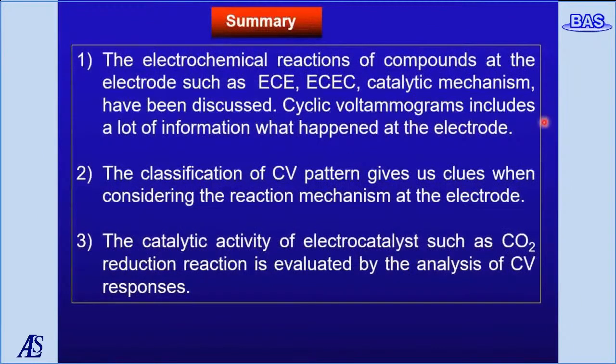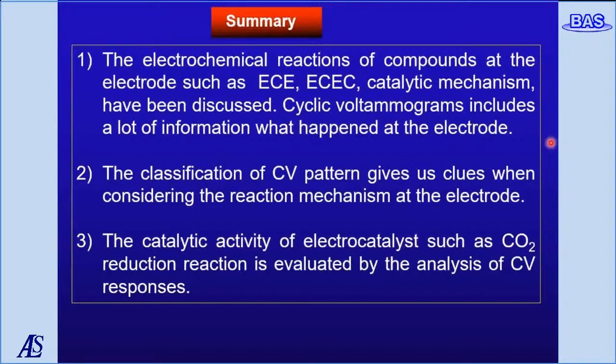In this lecture, I showed you several electrochemical reaction pathways such as ECE and ECEC and catalytic mechanisms. Cyclic voltammograms include a lot of information. The classification of CV patterns gives us a clue when considering the reaction mechanism.